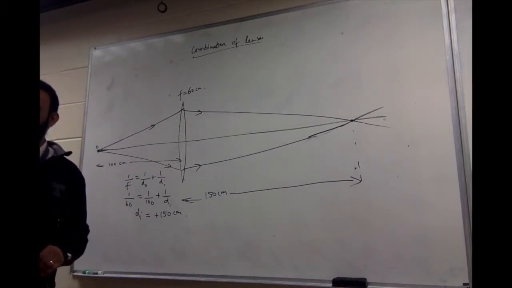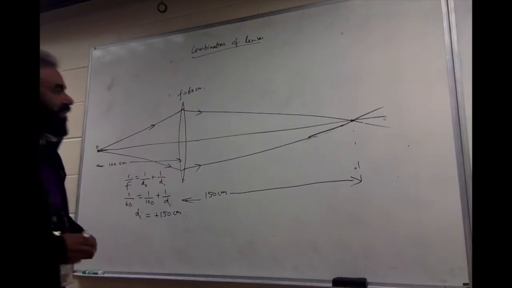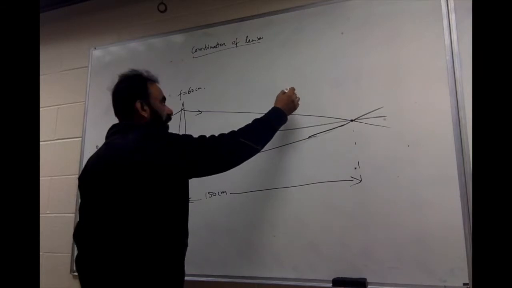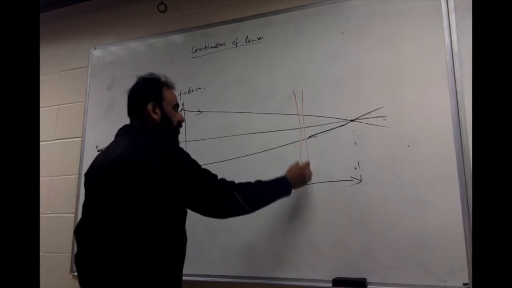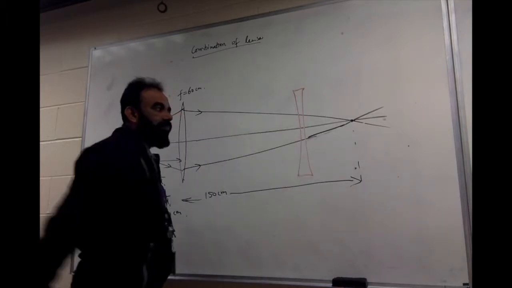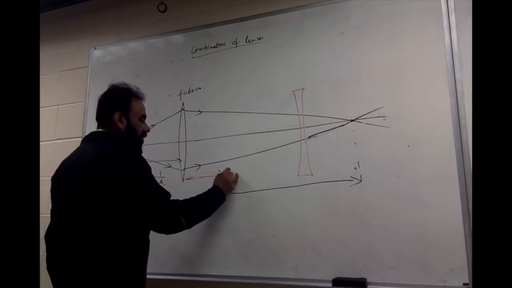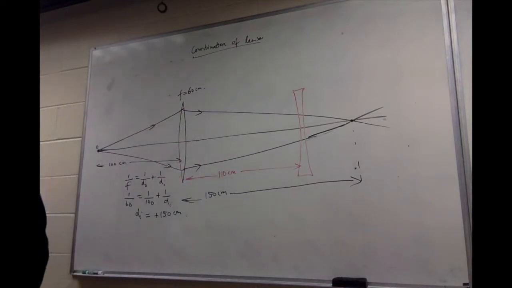Now I'm going to bring the next lens and put it at a distance of 110 centimeters from the convex lens. So I put that lens over there.